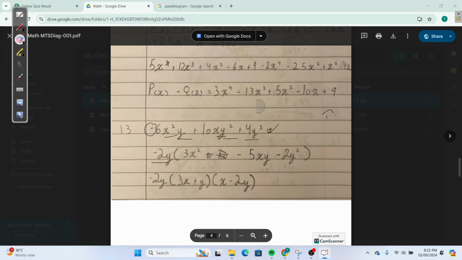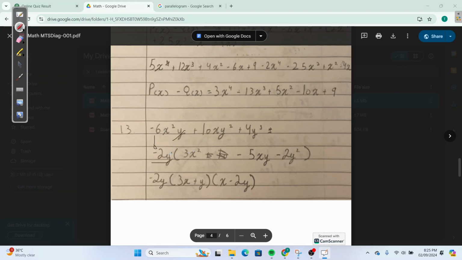Now for variables, you factor out the one with the smallest degree. So this would be 1, this would be 2, this is 3, so you take out y to the power of 1, which is what we did. Okay, so now you begin dividing the numbers here by the number here. Negative 6x squared y by negative 2y would give you a positive 3x squared.